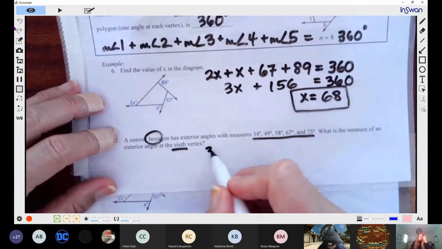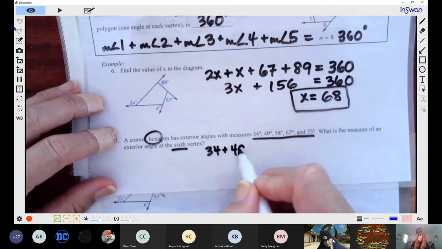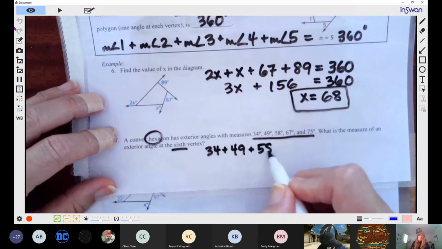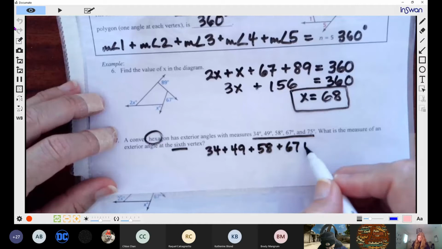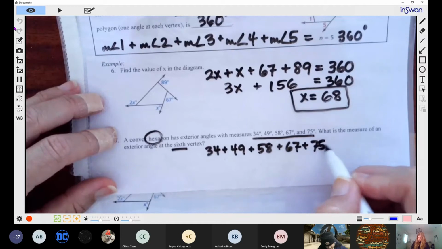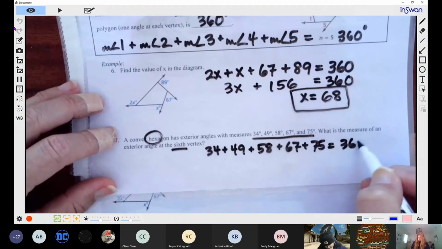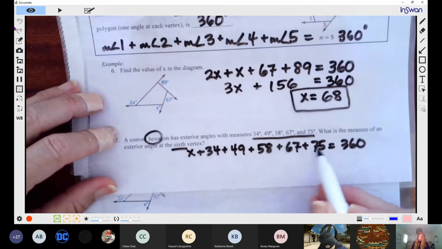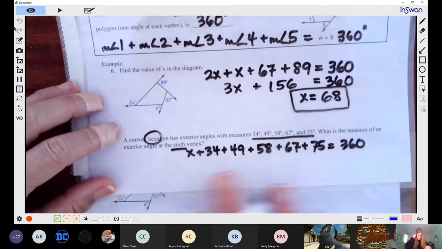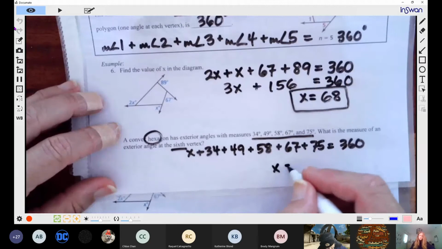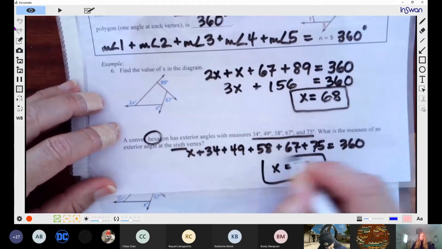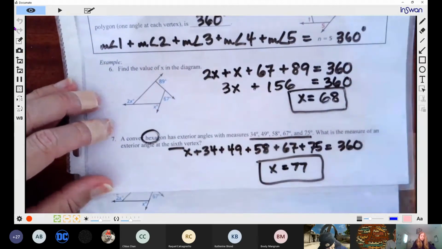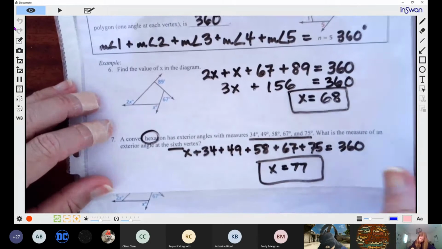So you write 34 plus 49 plus 58 plus 67 plus 75 plus x equals 360. That's 1, 2, 3, 4, 5, 6. You add them all together, you subtract, you get x equals 77. So it's pretty simple as far as those problems go.